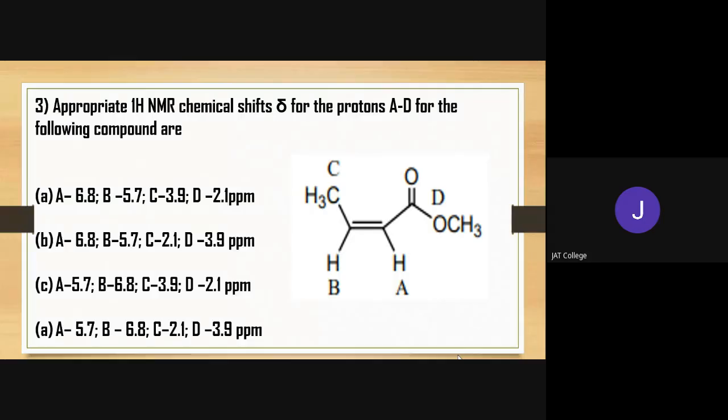CH3 attached to oxygen. There are two CH3. C is also CH3 and D is also CH3. But D CH3 is attached to oxygen. That means the CH3 which is attached to oxygen has the delta value 3.6 to 3.9. So we have to see the option in which D has the delta value 3.9. So there are two options, B and here D. By mistake it is written as A instead of D.